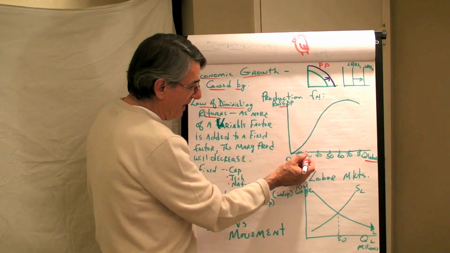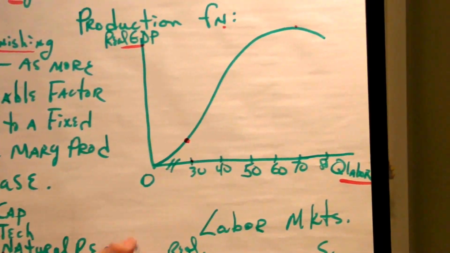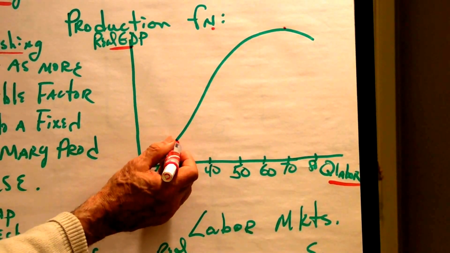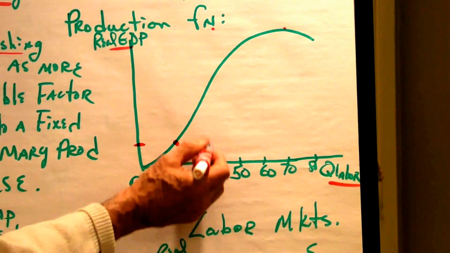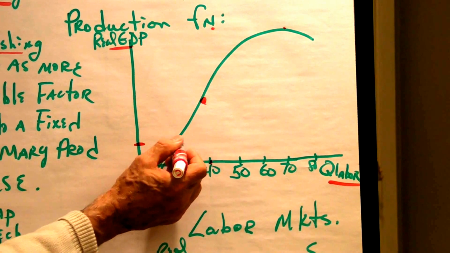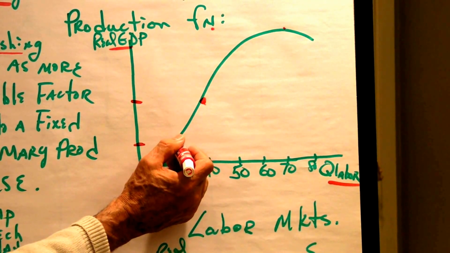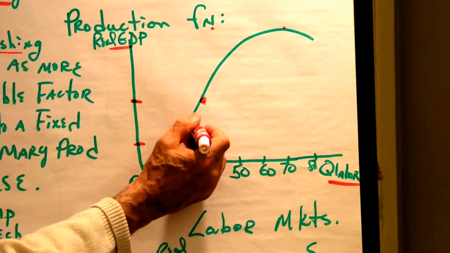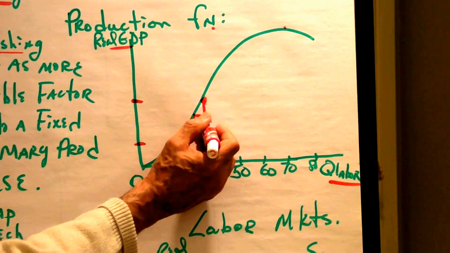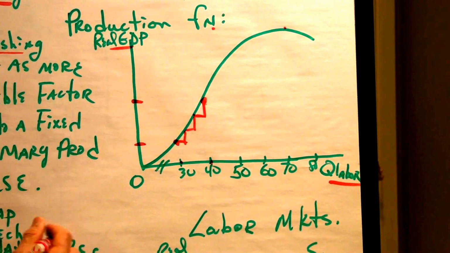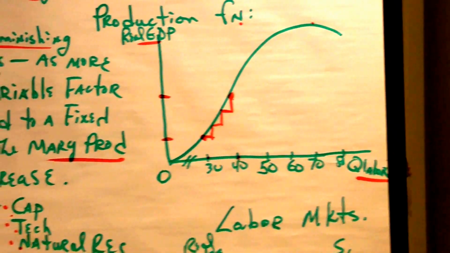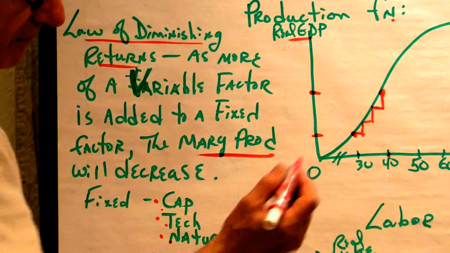If you have very few units of labor and lots of capital, you'll get this much output. If you add more labor, you get increasing amounts of output, so the slope is getting steeper and steeper. That means the marginal product of each additional worker is getting larger for a bit.